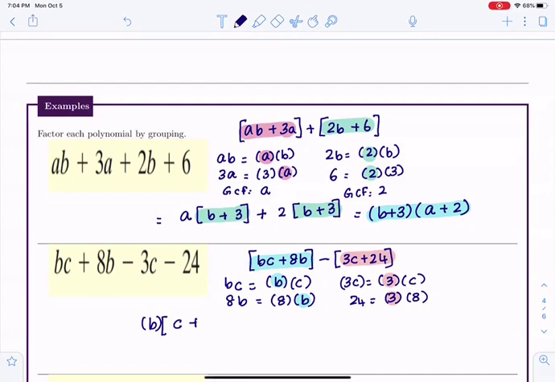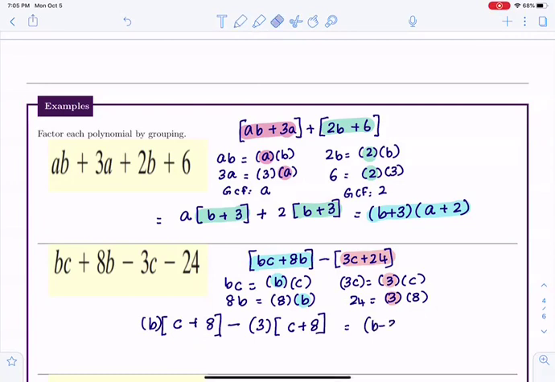And if I pull b out from the second term, 8b, I'm going to leave behind 8. Minus, if I pull 3 out, I'm going to leave behind c. And if I pull 3 out, I'm going to leave behind 8.